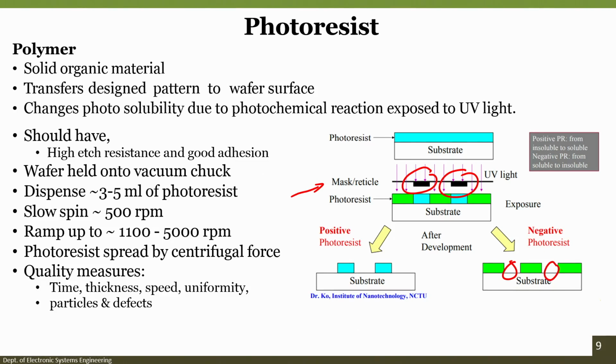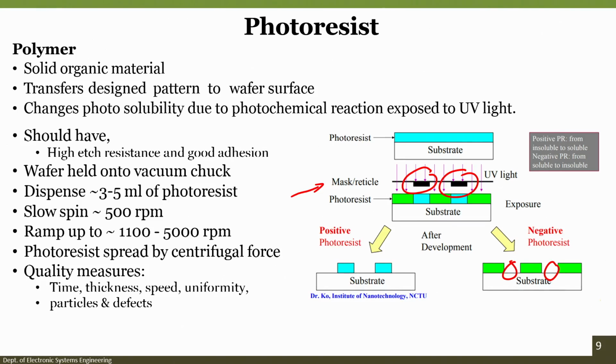So, what are the other parameters or characteristics of a photoresist? Actually, photoresist should not have a high etch rate, it should have a high etch resistance, and good adhesion. Etch resistance means if you dip the wafer in, let us say, BHF, the silicon dioxide, the photoresist should not get affected.